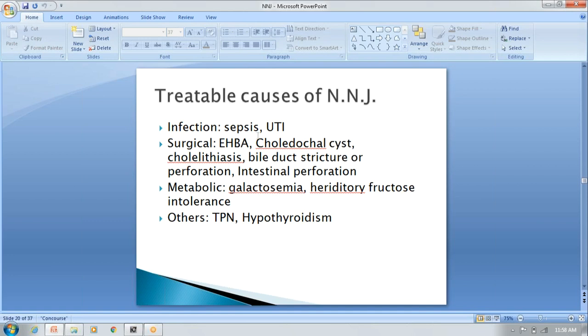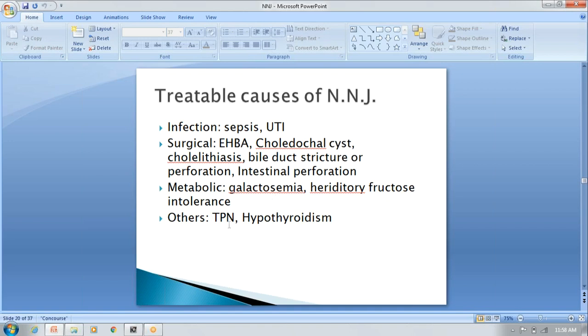The treatable conditions, the most important being septicemia and urinary tract infection, and surgical jaundice, which is nothing but extrahepatic biliary atresia, choledochal cyst, or biliary duct anomalies, or cholelithiasis, which is very commonly seen in hemolytic anemias in utero itself. And bile duct strictures, or perforation, or intestinal perforations, and metabolic causes like galactosemia and hereditary fructose intolerance.